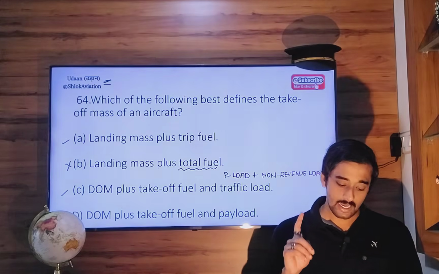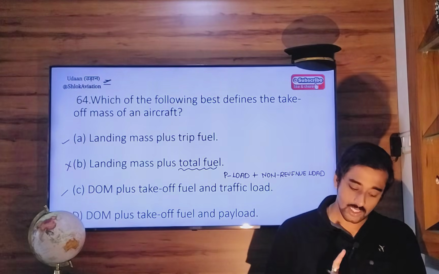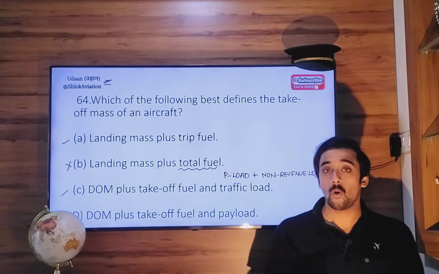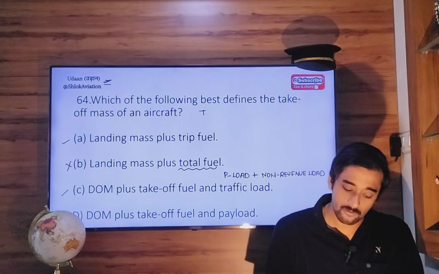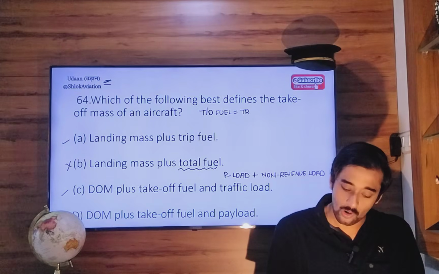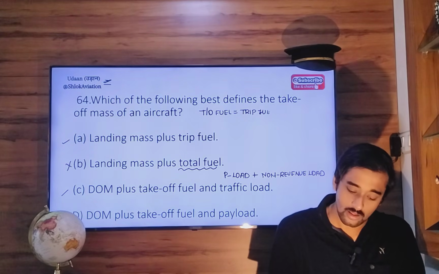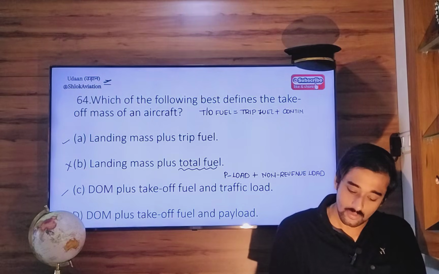Now alpha, landing mass plus trip fuel is equal to takeoff mass. This statement is right, but it cannot be true all the time, because many a time your takeoff fuel will not only include trip fuel, but will also include contingency fuel, correct?